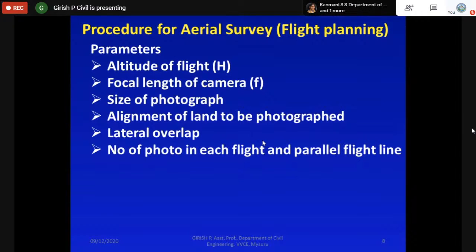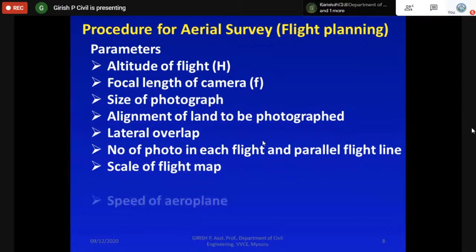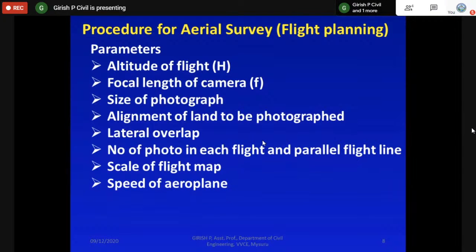The aerial survey depends upon the number of photos, which we plan to collect in a specific manner. The collected photos from the aerial survey will be superimposed, and finally we call them aerial photographs. Then the scale of the flight map will be considered, and then the speed of the aeroplane.